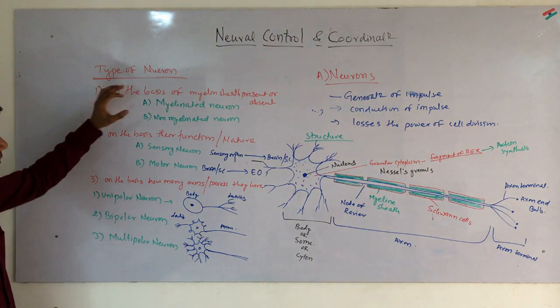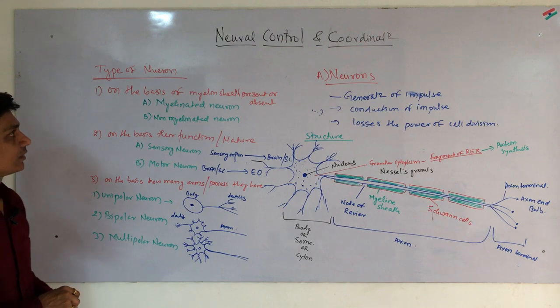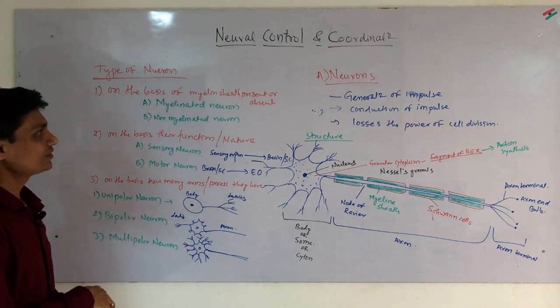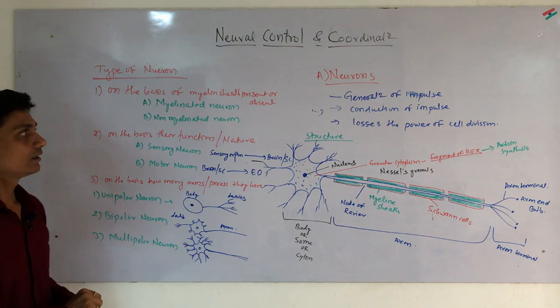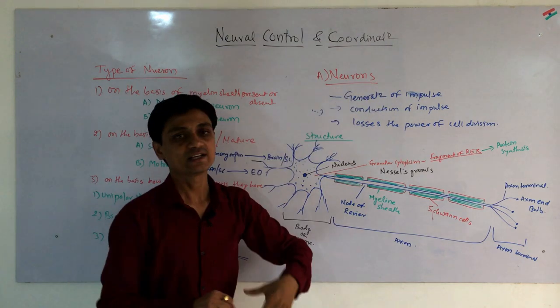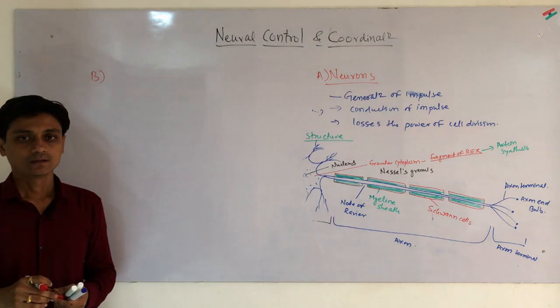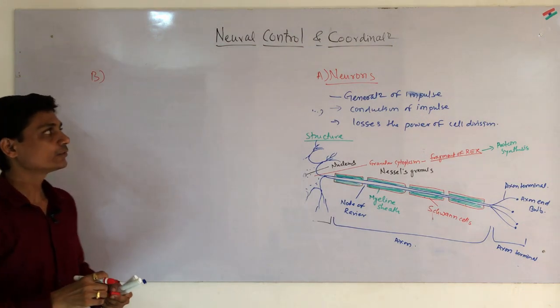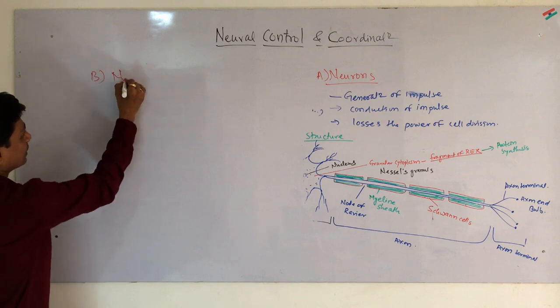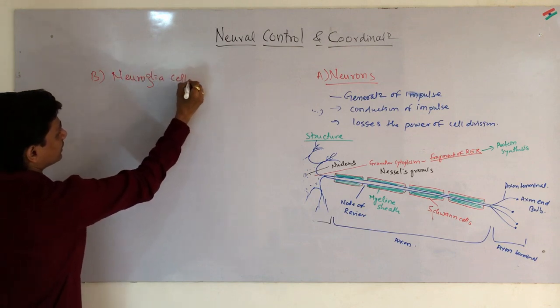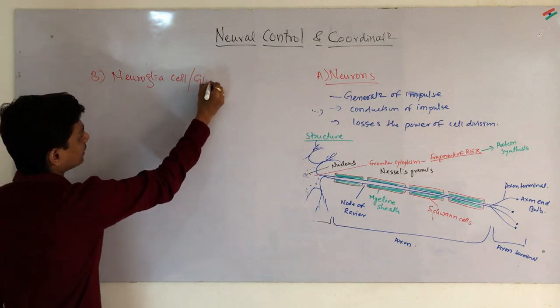So this is all about the neurons, and after that we will see the second nervous tissue, that is neuroglia cells. Neuroglia cells, or it is also known as glia.